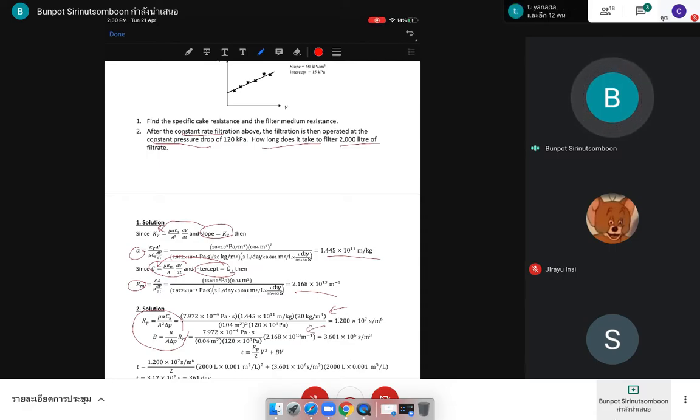Because alpha and Rm from question 1 can be used here, you get the answer for Kp and B. And once you know Kp and B, you can use this equation here to solve for time. It's a very long operation, almost a year. But if that's what it is, then that's what it is.